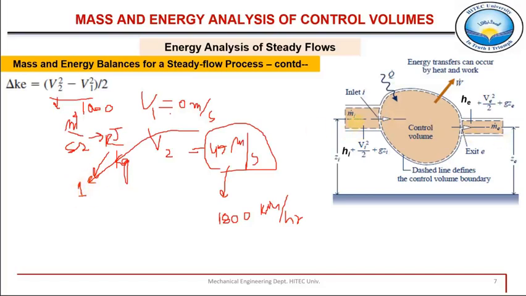In the numericals which we have solved in the previous chapter and which we will solve in this chapter, we will see this change in enthalpy is much larger than this value of 1 kilojoule per kilogram, right? So in many cases, the change in kinetic energy from inlet to outlet, compared to the changes in enthalpy, is negligibly small, right?